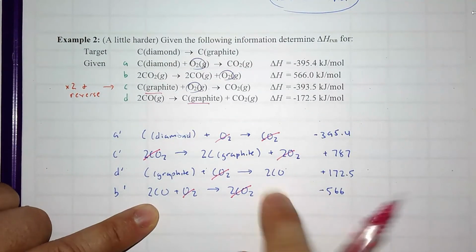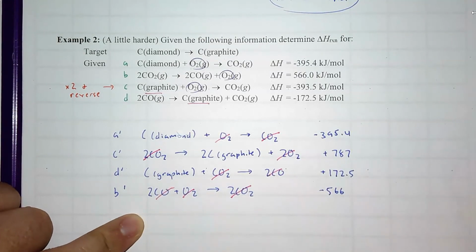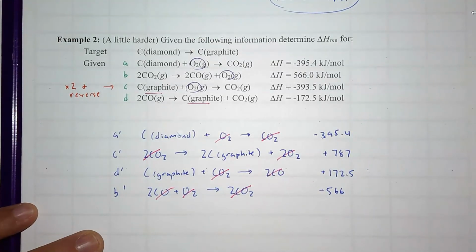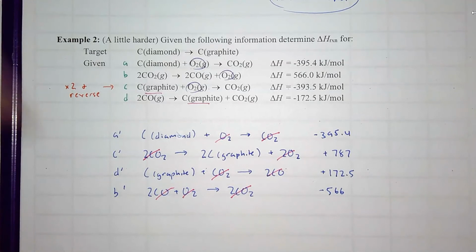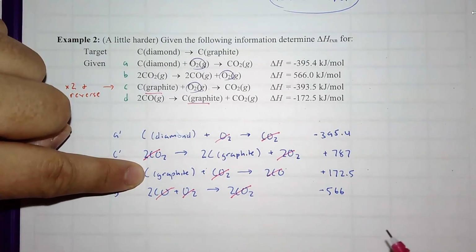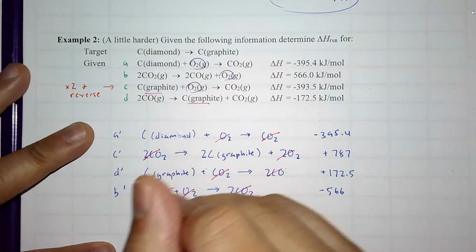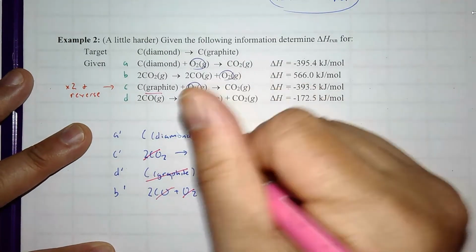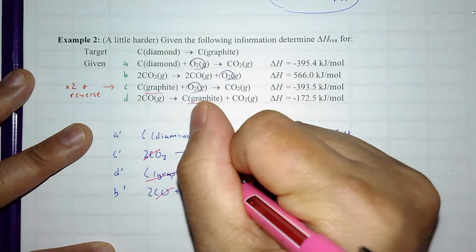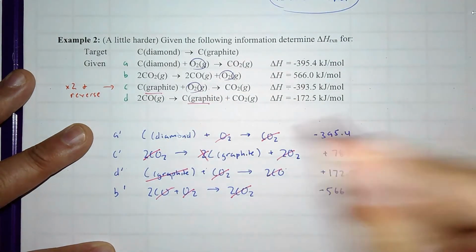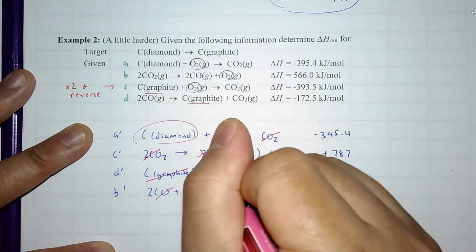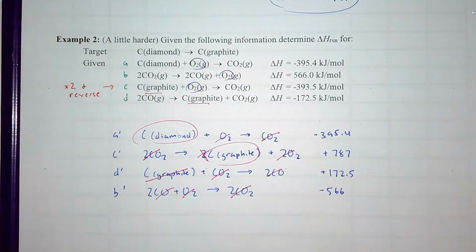2CO, 2CO, I like that. And then circle everything that you think is left over, but we have a graphite on the left, 2 graphites on the right. So this graphite gets all canceled out, and we're left with 1 graphite, so I'll just cross out the 2. That's left over, that's left over, everything else got crossed out.